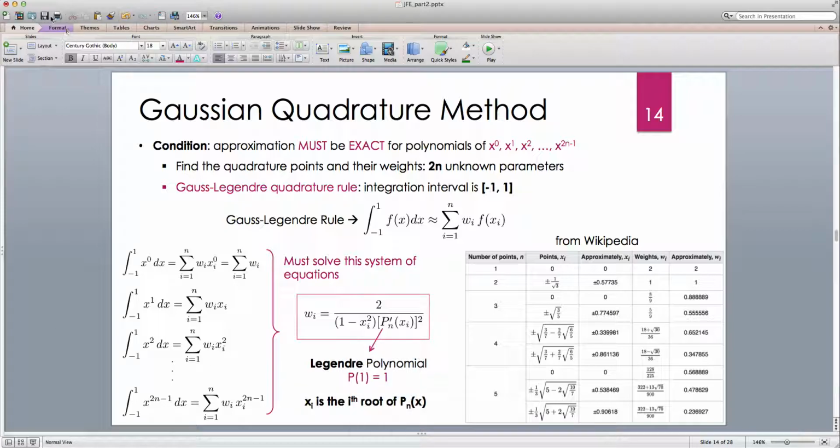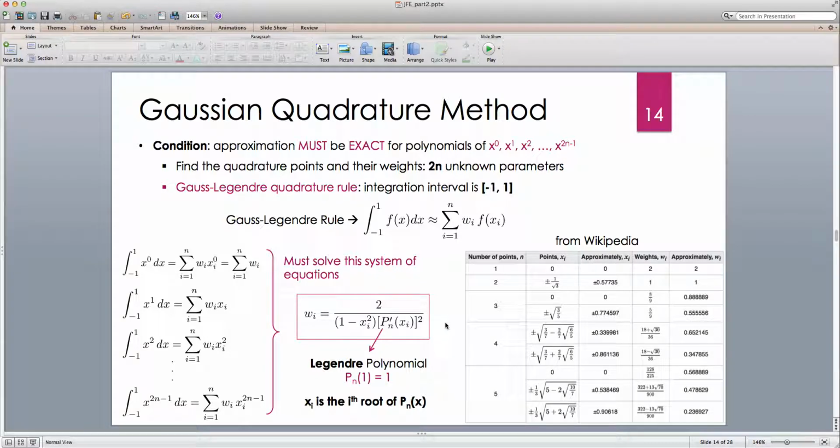And the thing is that wi is equal to this expression as long as we do this normalization for the Legendre polynomial. The normalization is that the nth degree Legendre polynomial at x equal 1 should be 1. When we do this normalization, wi is equal to this term, 2 over (1 minus xi squared) times [P'n(xi)] squared.